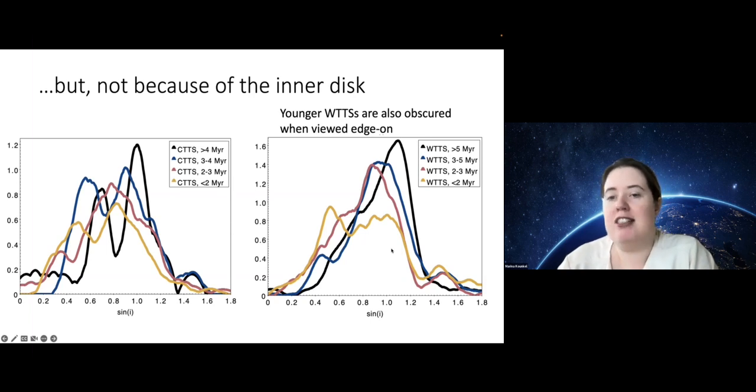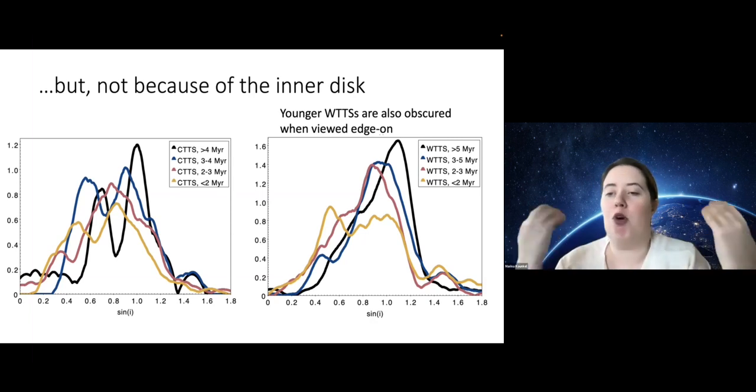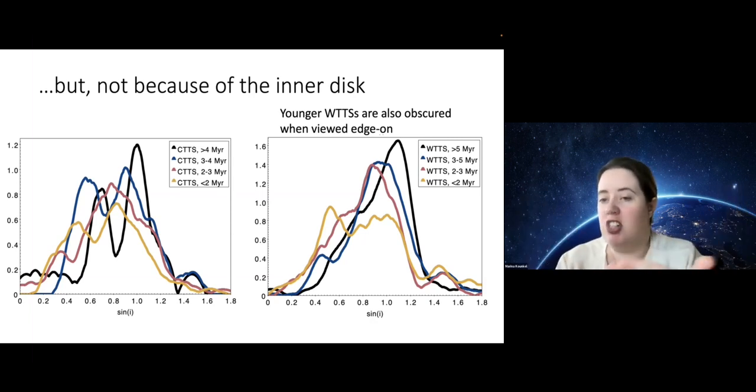So chances are it's not the inner disk itself that provides opacity, but rather a puffy halo or outer debris disk that still remains for the first couple of millions of years, even if the inner disk is gone and you're no longer accreting.